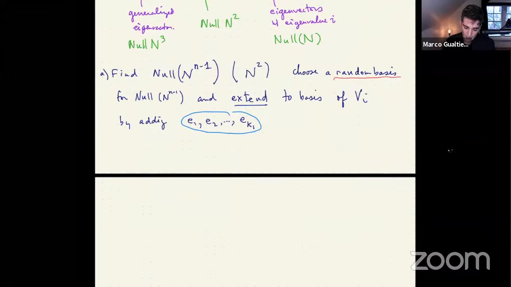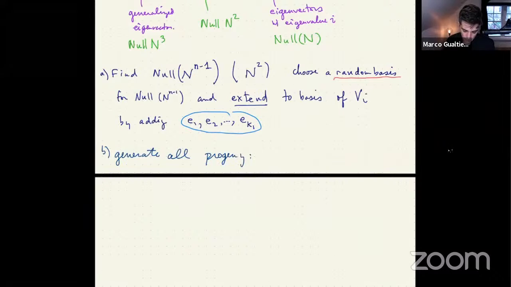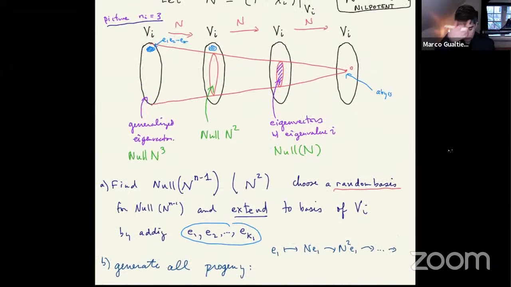Then the next step is that we generate all their progeny. For e1, we produce n e1, n squared e1, and so on, all the way to the last one.